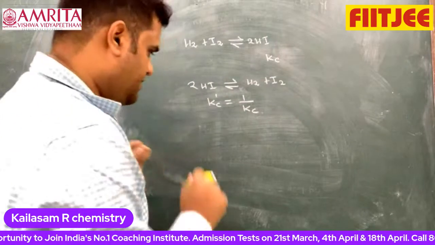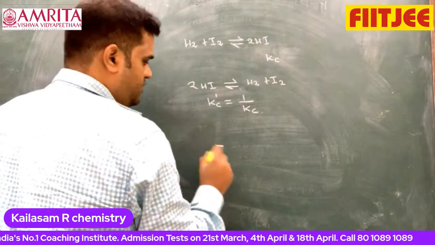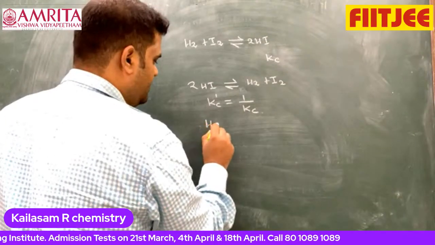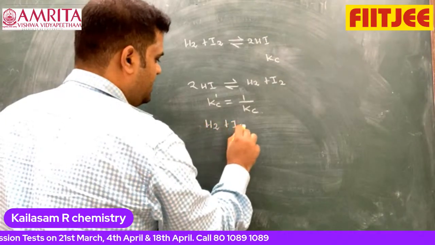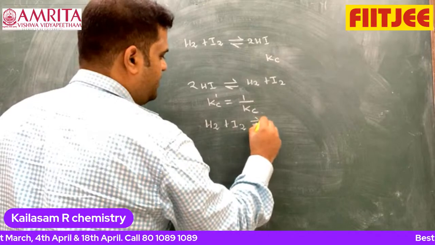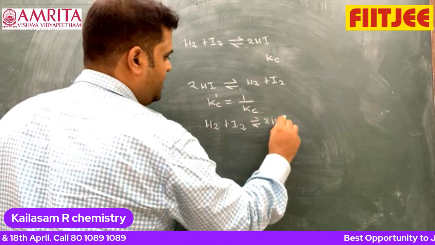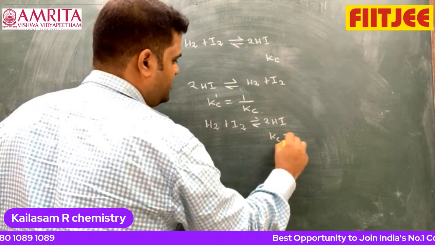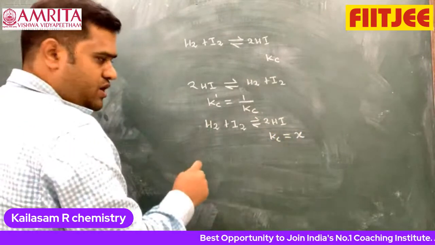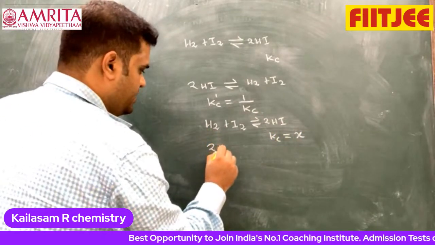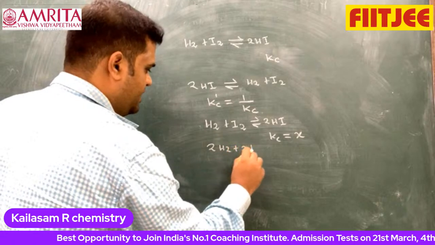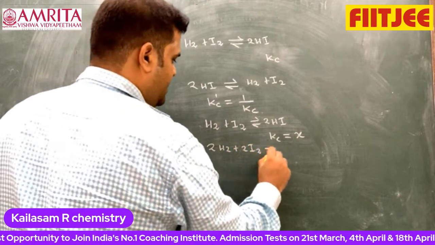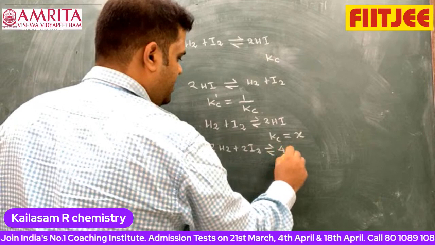And one more point. Suppose I am taking H2 plus I2 equilibrium 2HI. Let us take Kc equal to x. Now I multiply by 2: 2H2 plus 2I2 equilibrium 4HI.